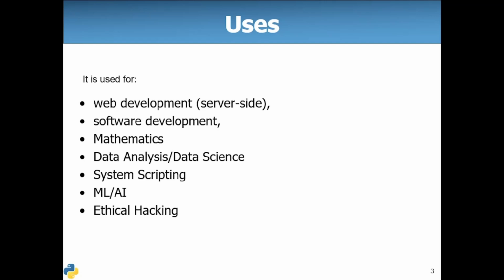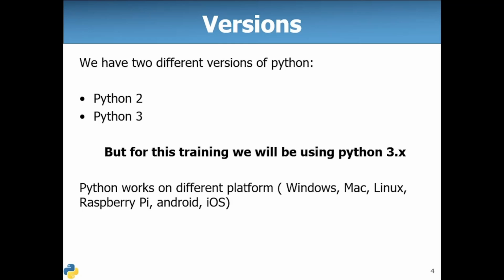Python is also used to write system scripts, and for ethical hacking and cyber security. Most of cyber security these days and ethical hackers use Python scripts because of its wide range of libraries and its ease of use. Now, we have two major versions of Python, Python 2 and Python 3.